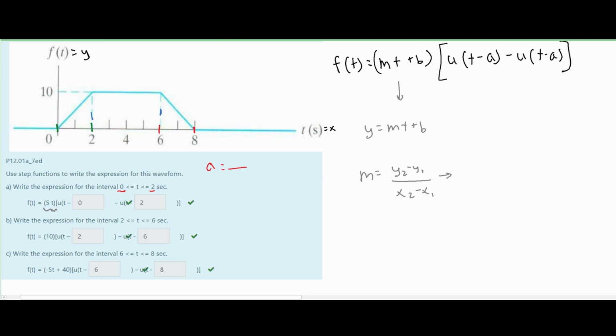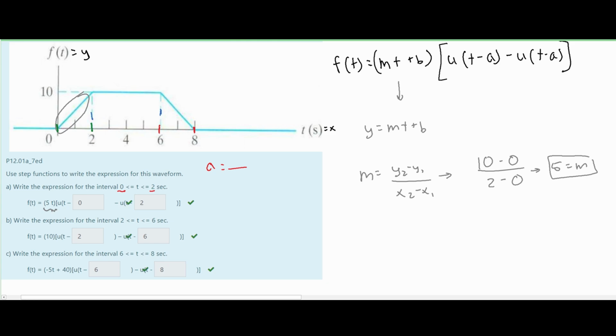So we can just plug in the values of our actual part right here. We're going to use this slope. So our first y is going to be the 10, our second y is going to be the 0. And then our first x is going to be the 2, and then our next one is going to be a 0. So this is going to give us a 5, meaning that m is equal to 5.